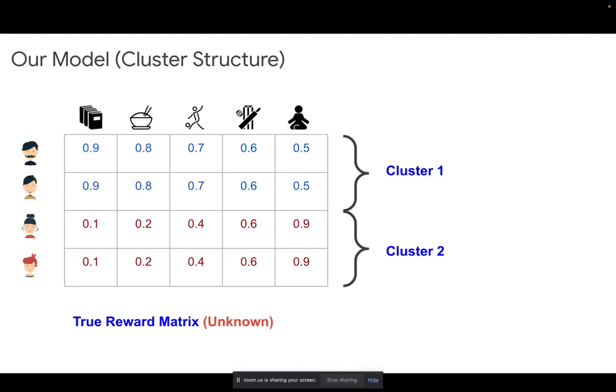I emphasize that we do not know the cluster memberships, that we do not know a priori which user belongs to which cluster, nor do we know the entries of this reward matrix. All these things are unknown at the beginning. Yes, we do know the number of clusters. Actually, as a matter of fact, an upper bound on this is sufficient for us.